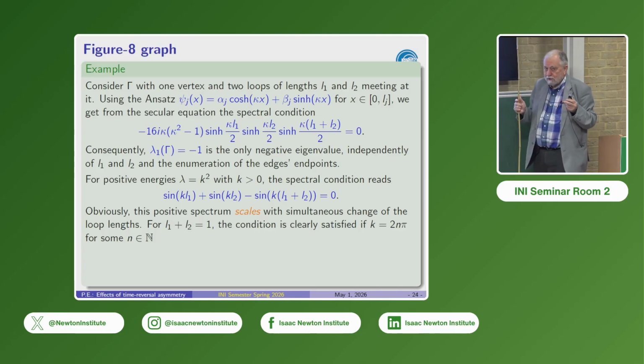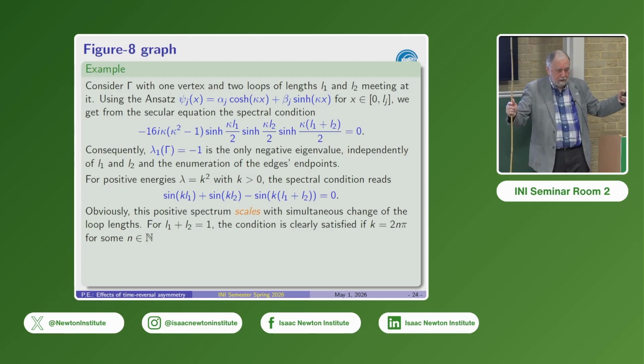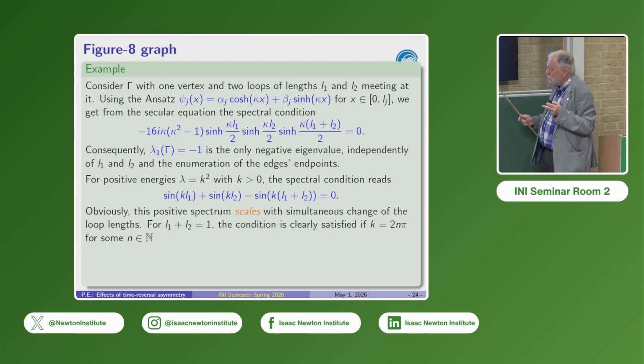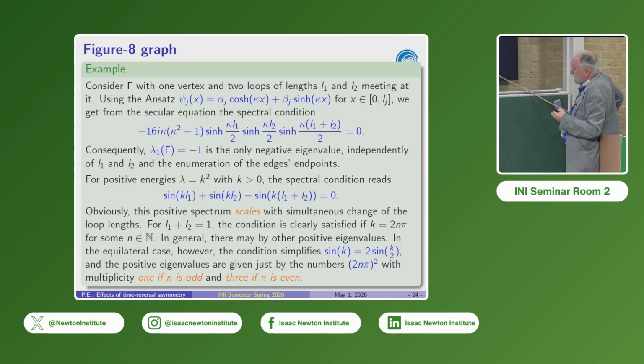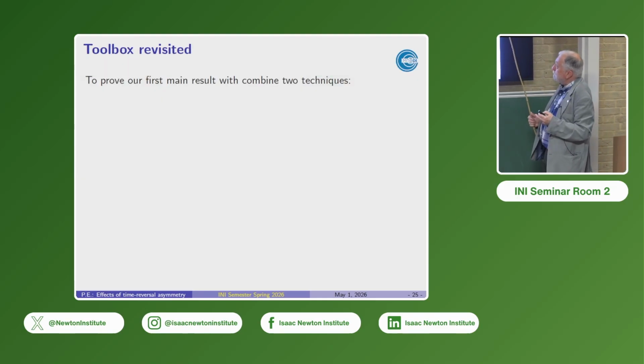In general, such a graph is not scale invariant, but this part of the positive spectrum scales. In addition to this scaling, there may be other eigenvalues, but for example, when it's equilateral, then you explicitly see that the eigenvalues are just (2 pi n) squared.